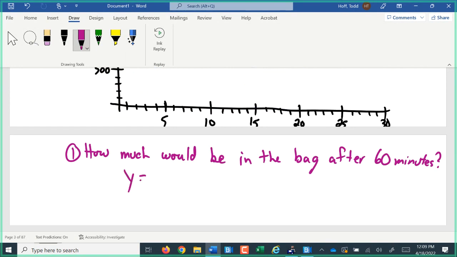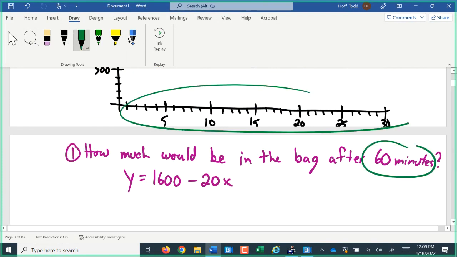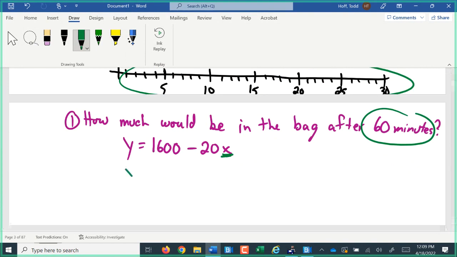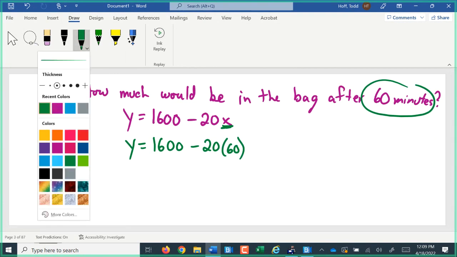Well, my equation, y equals 1600 minus 20x. 60 minutes, well, minutes is the horizontal axis or the x-axis, so 60 would go in for x. Y equals 1600 minus 20 times, instead of x, I put in 60.